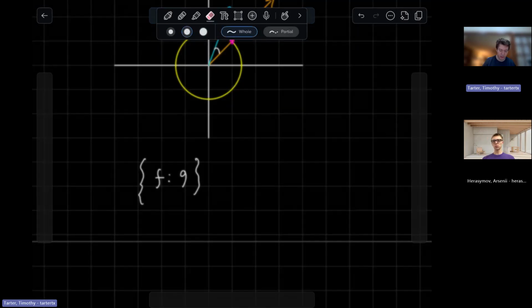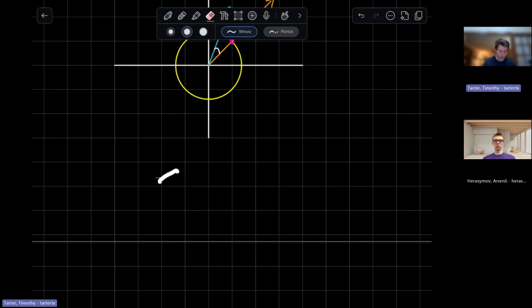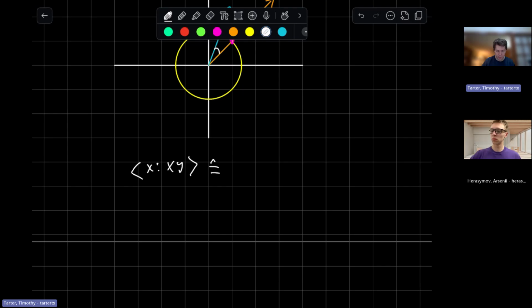So, for example, if we had x proportional to xy, right? Well, this is going to be the same coordinates as 1 to y, right?